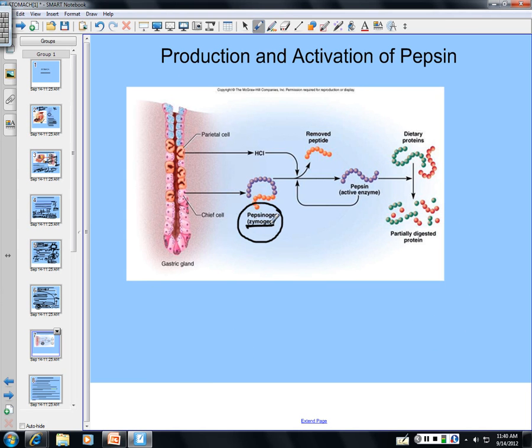Zymogen means inactive form. The pepsinogen is produced in an inactive form until and unless it is activated by hydrochloric acid. Hydrochloric acid is going to activate it, convert it into active form. The active form is now going to break down proteins, which are basically long chains of amino acids, into either smaller chains of amino acids or individual amino acids, as you can see.